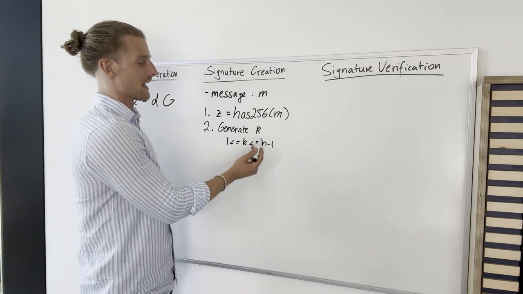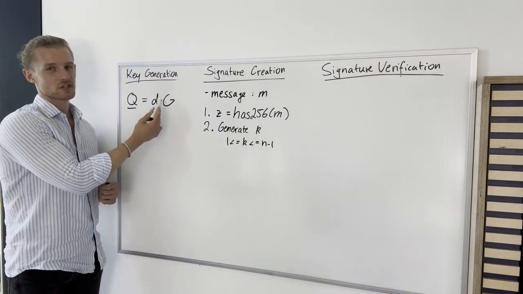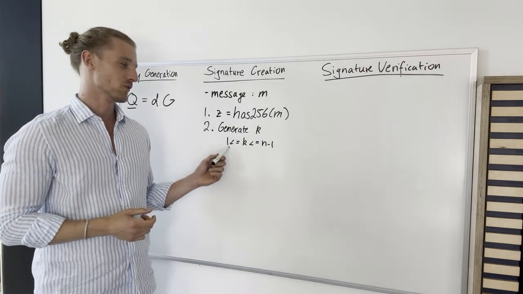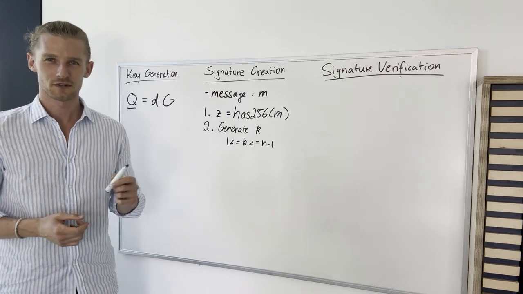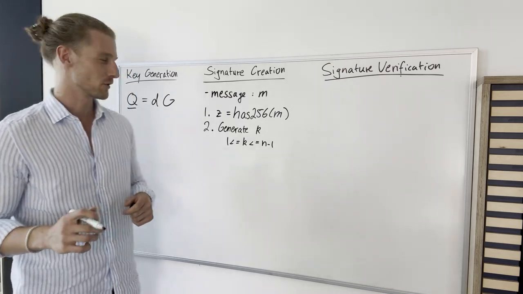Now remember, n in this case is the order of the generator point that we use. So k has to be between 1 and the order of the generator point minus 1. If you remember from the previous video, you'll know why this is important.